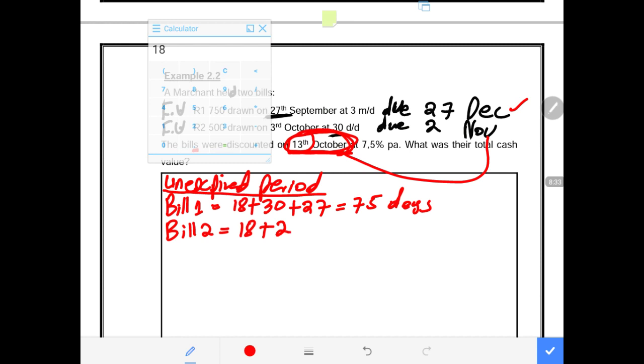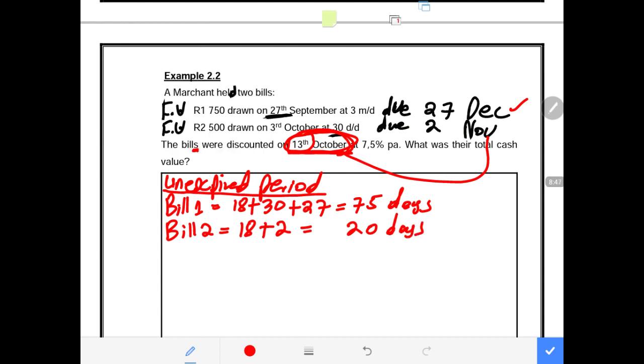So how many days? Only 2 days, because this bill is due on the 2nd of November. So now the T, which is the unexpired period or unexpired days, will be 20 days for the second bill.